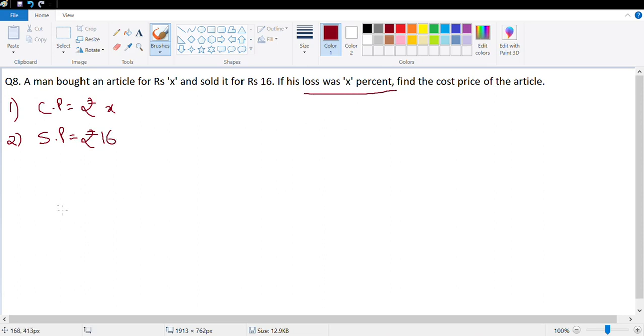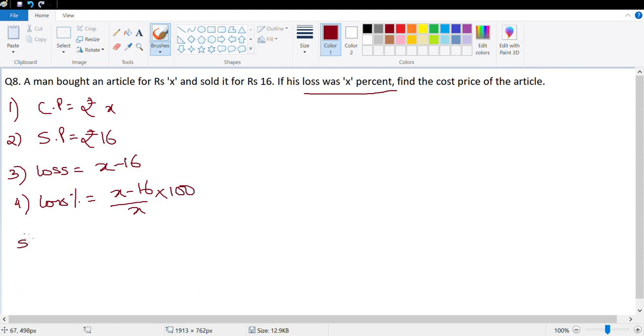Loss was x%. So loss is equal to cost price minus selling price, which is x minus 16. And loss percentage would be equal to x minus 16 upon x into 100. The relationship given is loss was x%, which means x minus 16 upon x into 100 is equal to x.